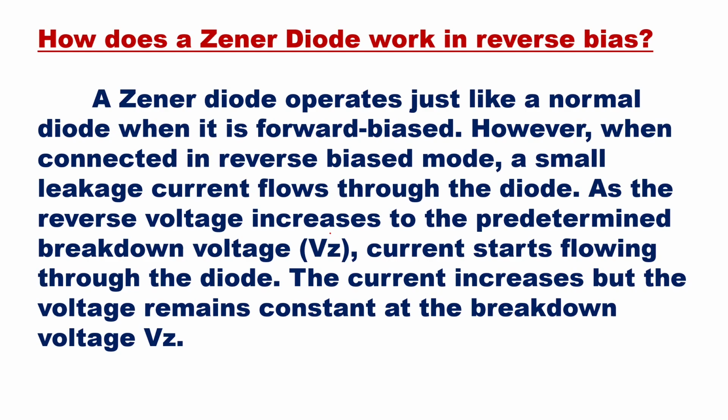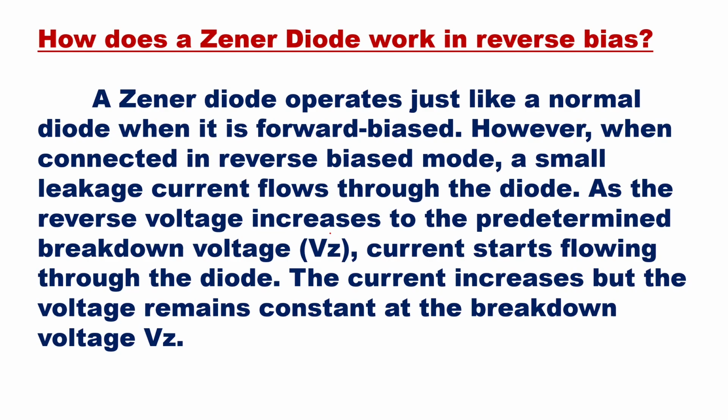However, when it is connected in reverse bias mode, a small leakage current flows through the diode. As the reverse voltage increases to the predetermined breakdown voltage Vz, for every Zener diode you will have this voltage specified. What is the breakdown voltage Vz? It is the voltage in reverse bias where the voltage is going to remain constant at that value and the current is going to increase.